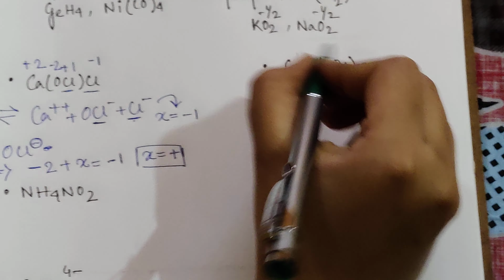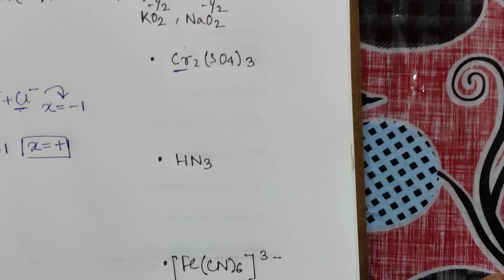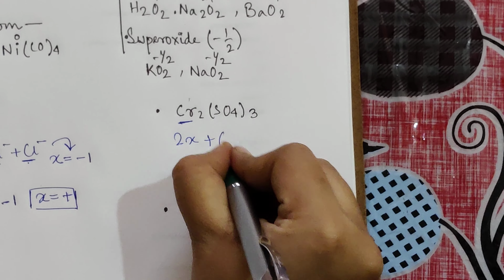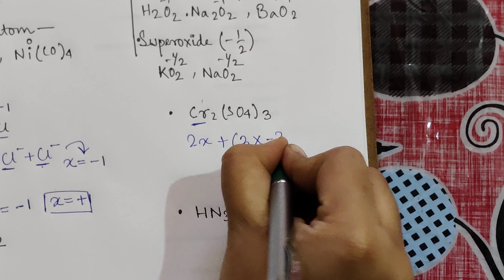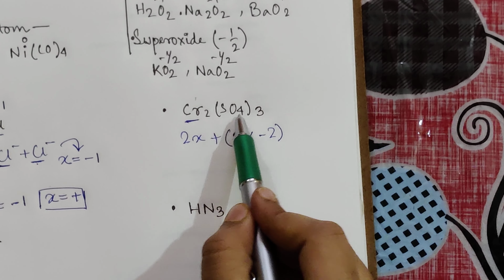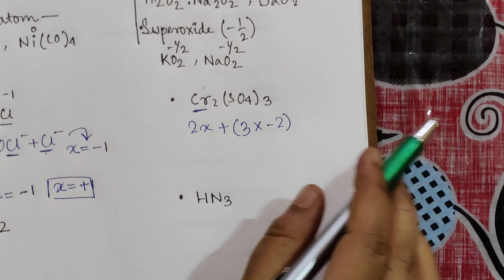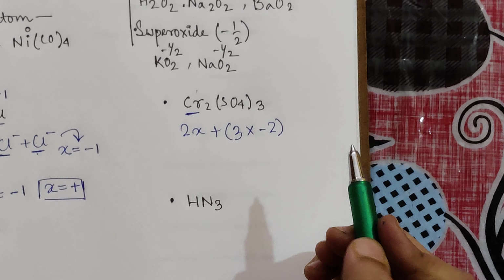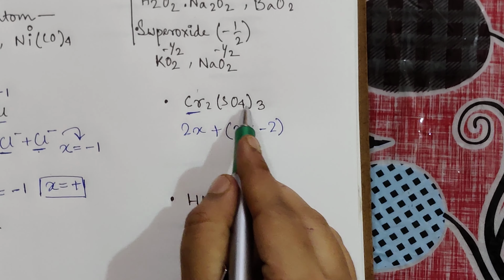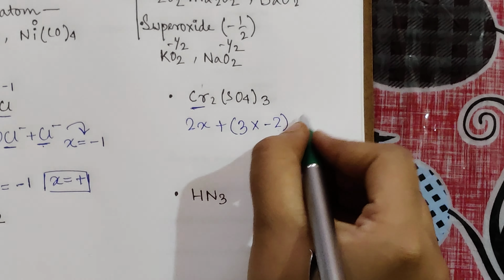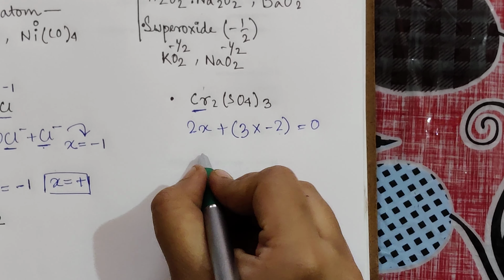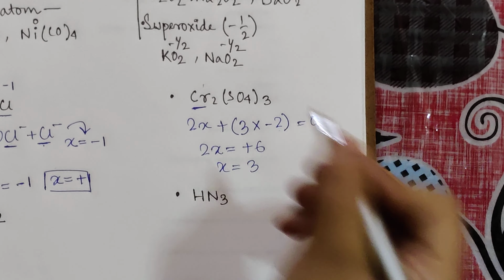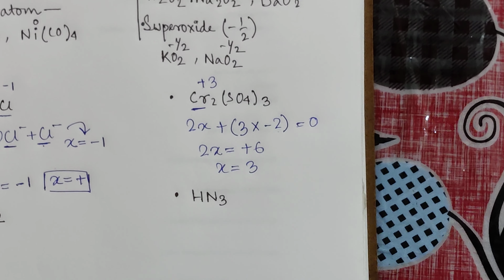Similarly, if we want to find the oxidation number of chromium, we write 2x plus, this is sulfate, so the charge of sulfate is -2. We will not take oxygen or sulfur separately, as it is a radical that dissociates into ions. So we take the total charge, -2, equal to 0. So 2x equals +6 and x equals +3.